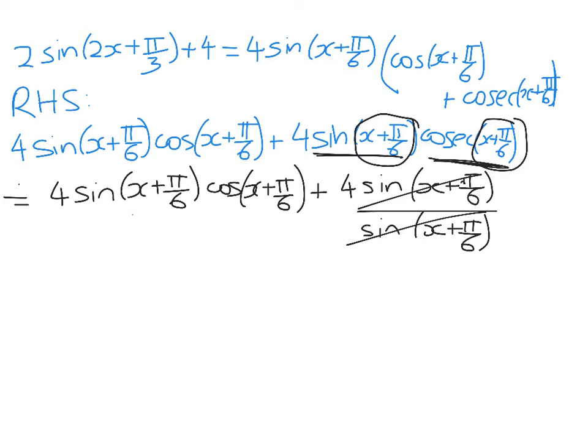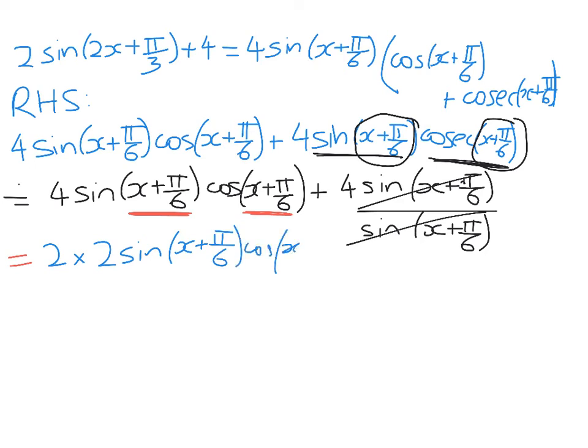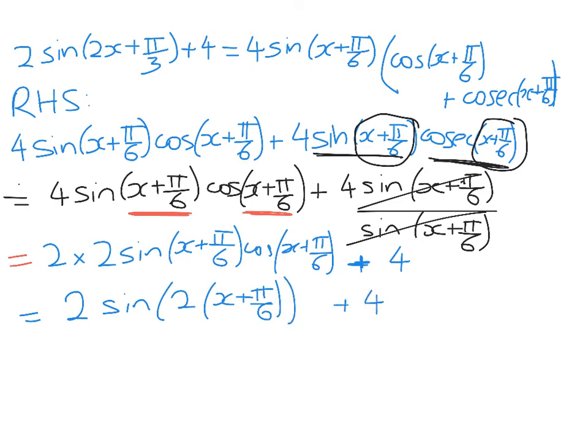So if I treat this as my angle, what have I got? Well, I've got 2 times 2 sine x plus pi on 6 cos of x plus pi on 6 plus my 4, which gives me 2 sine 2x plus pi on 6 plus 4.